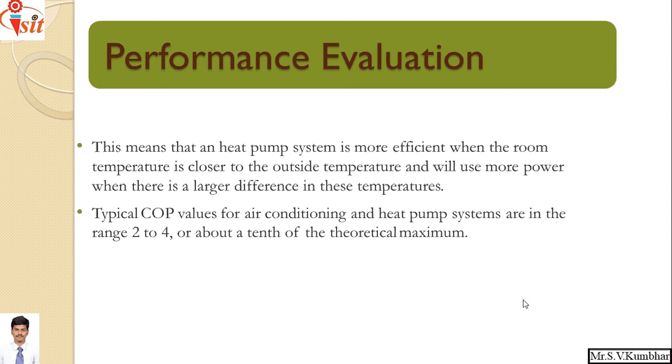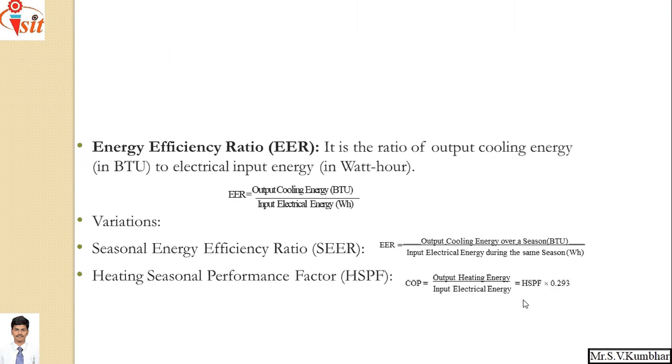Performance evaluation of heat pump: a heat pump is more efficient when the room temperature is closer to the outside temperature, and will use more power when there is a larger difference in temperature. Generally, COP values for air conditioning and heat pumps are in the range of 2 to 4, or about one tenth of the theoretical maximum efficiency or COP.